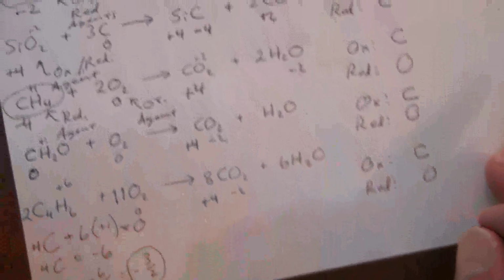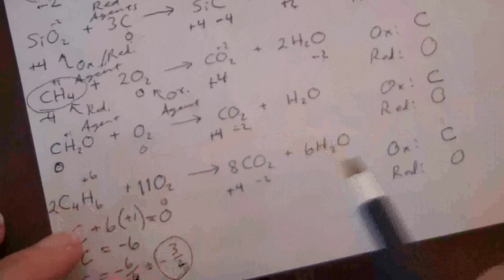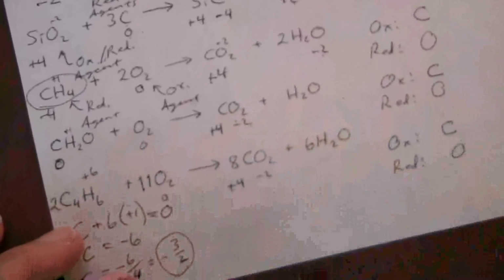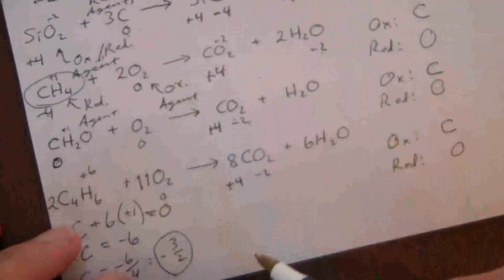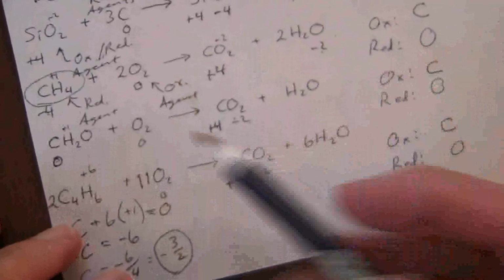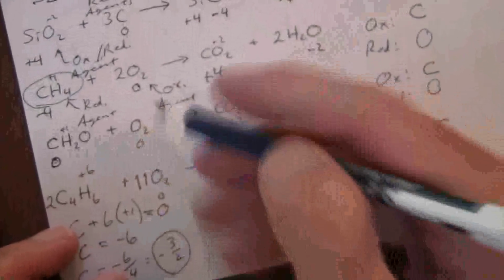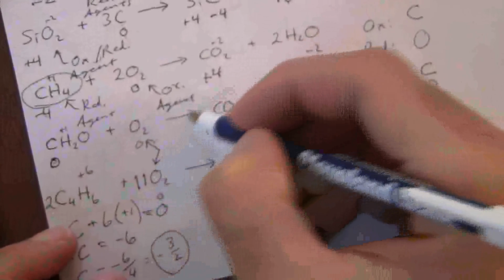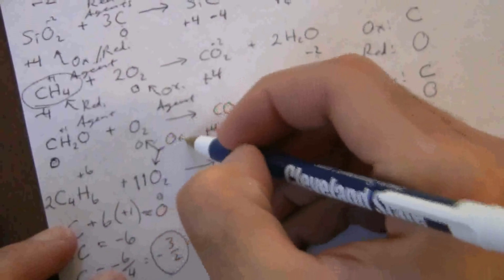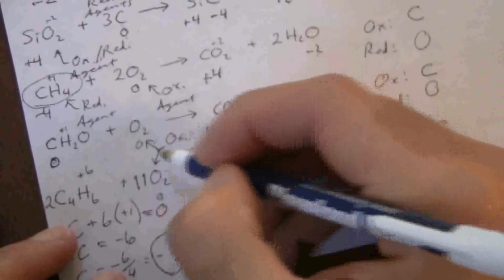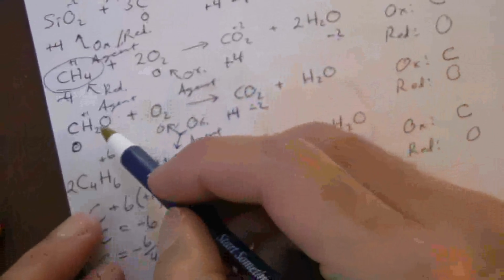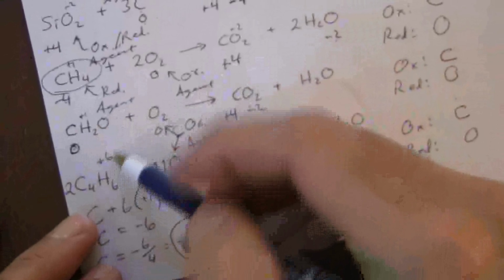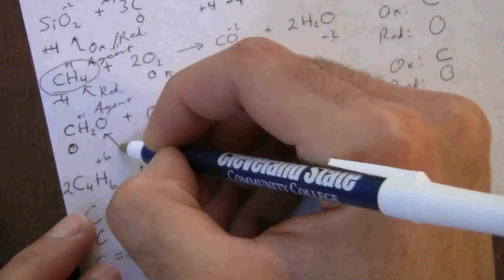Okay. Now let's look at the oxidizing agent and reducing agent. And this is the case in any combustion reaction. Oxygen is always going to be your oxidizing agent. Okay. In both of these cases, that's your oxidizing agent, the oxygen. And the fuel is your reducing agent. Okay.